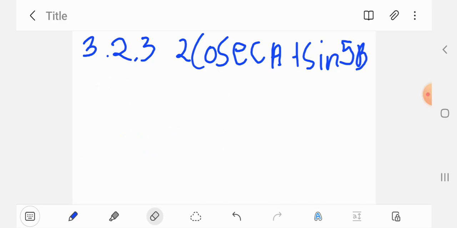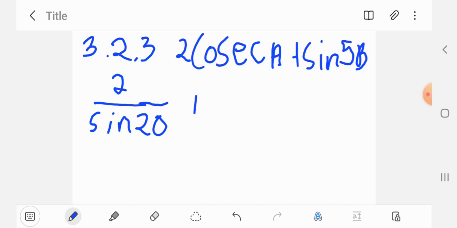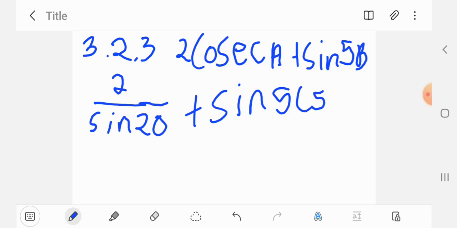So here, because of this 2 cosec A, we will have 2 over sine A. We said A is 20, so we're going to write 2 over sine 20 plus sine 5 times 55.